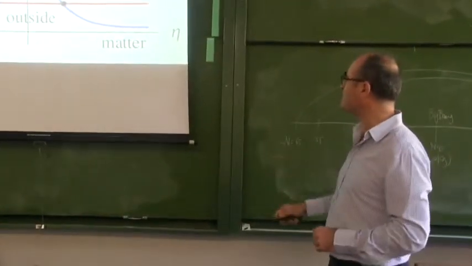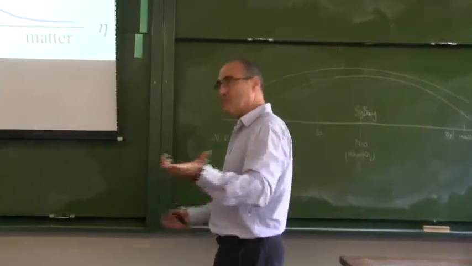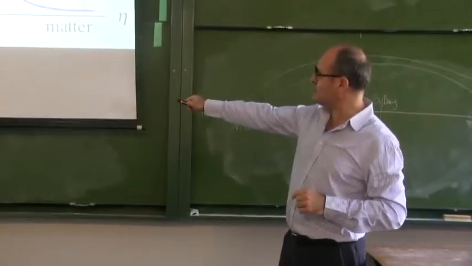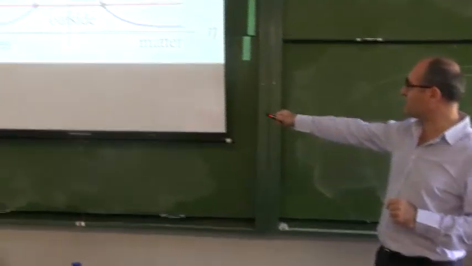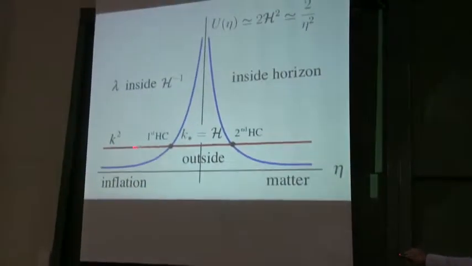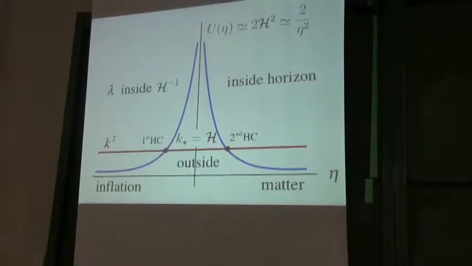Okay? From inflation to matter. Fluctuations which are entering the horizon, say, at recombination or after recombination, are of this type. Very small scales were fluctuating inside the horizon, remain constant when outside the horizon, and then fluctuate again when they re-enter. Okay.